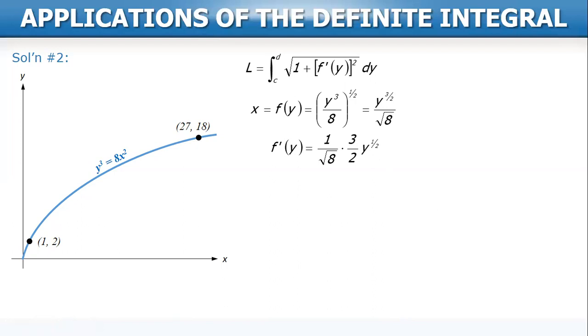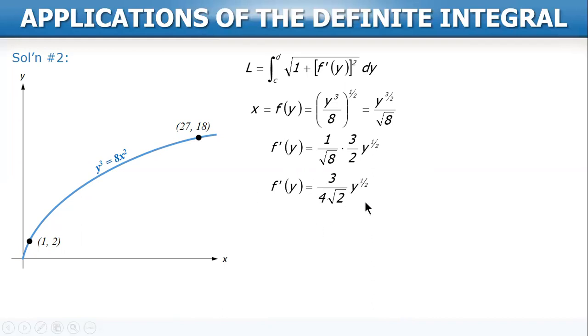Now, square root of 8 is actually 2 square root of 2. Square root of 4 times square root of 2. So 2 square root of 2 times 2, that's 4 square root of 2. So f prime y is this. 3 over 4 square root of 2 times y raised to 1/2.